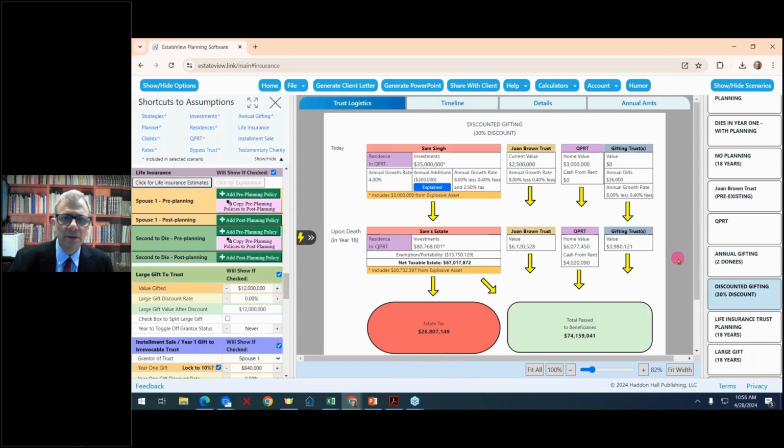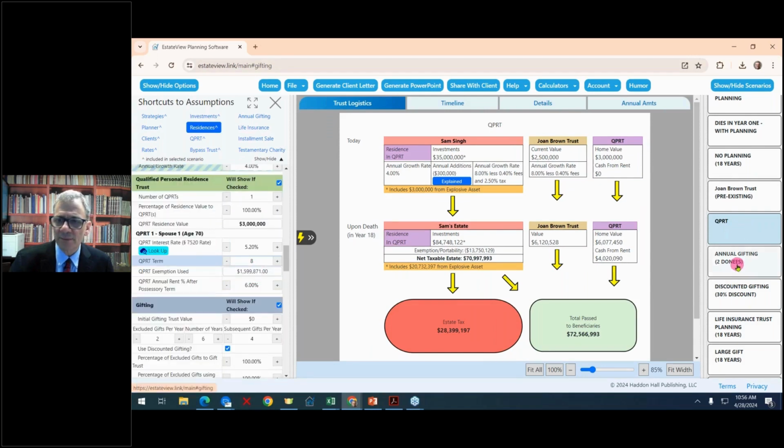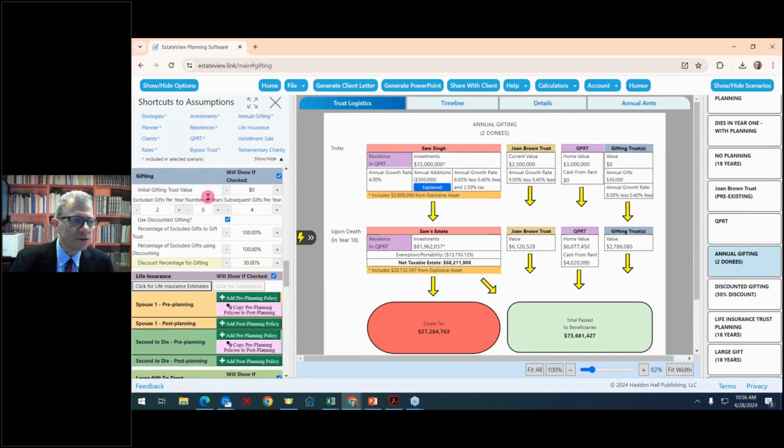Now, let me mention a couple more features as you become accustomed to this. Whenever I click on something on the left, like QPRT, you'll see that it appears on the right. And when I click on something on the right, like annual gifting, you'll see that gifting appears on the left-hand side. Also on the left-hand side, these blue words that I'm pointing to are shortcuts.